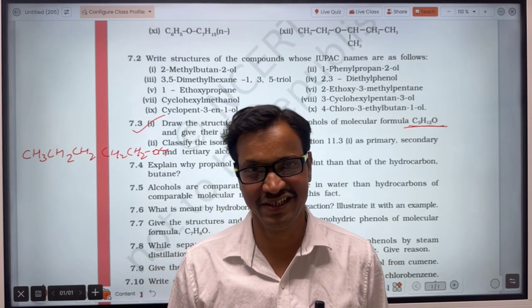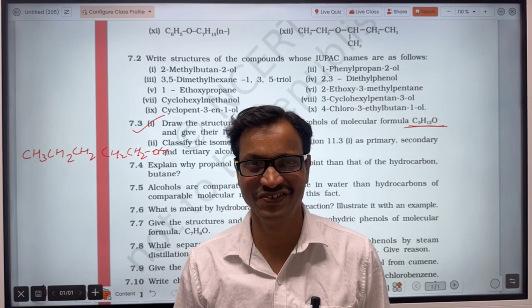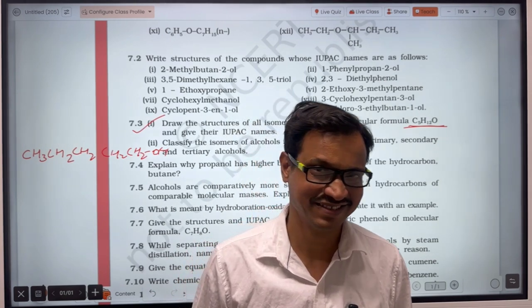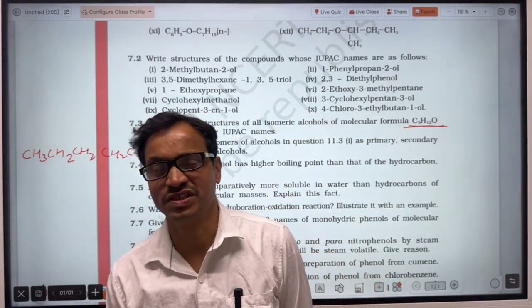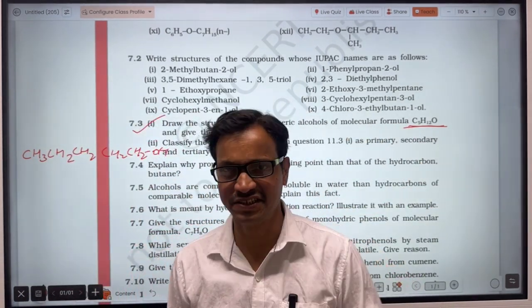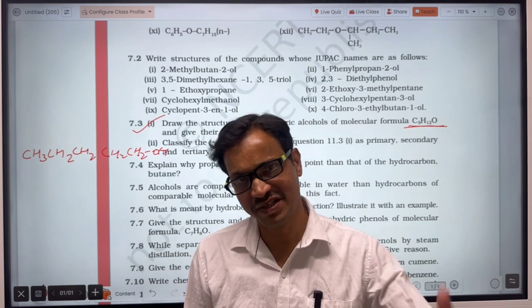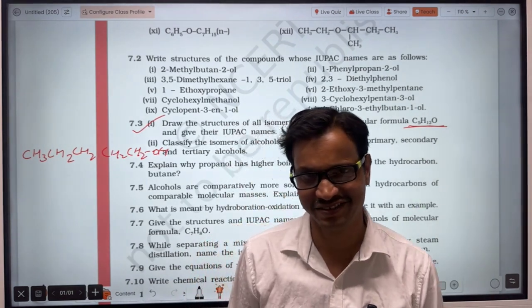Otherwise, there are high chances of a wrong response. Because in the examination, the question will not ask to draw the structure. In the IIT and NEET examinations, the question will ask how many isomers will form from that compound.